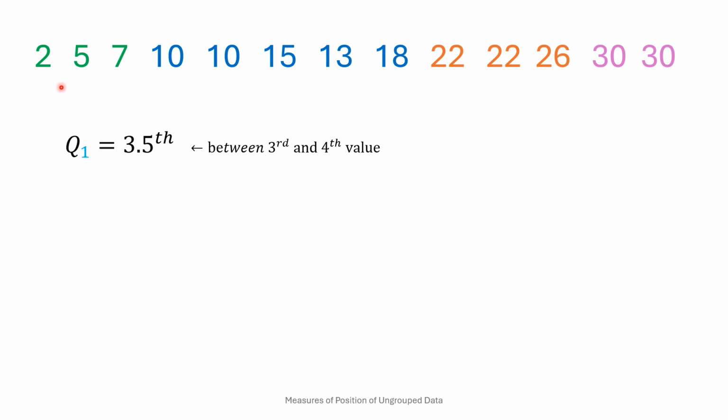Going back to the array, counting from the lowest value until we reach the third and the fourth, the third and the fourth values are 7 and 10.